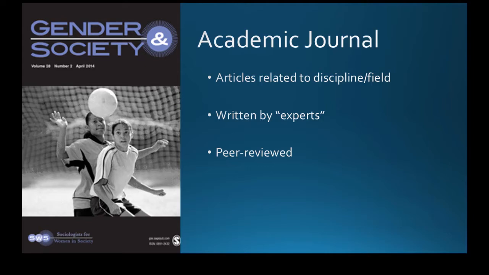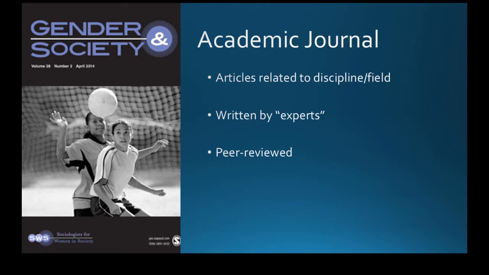And the articles within it are written by experts, usually people with advanced degrees in sociology, for instance, who specialize in gender, and who are publishing their latest and greatest research related to this field. These articles get peer-reviewed, meaning that other experts in the field review them and maybe offer suggestions or input regarding whether they are good enough to be published.